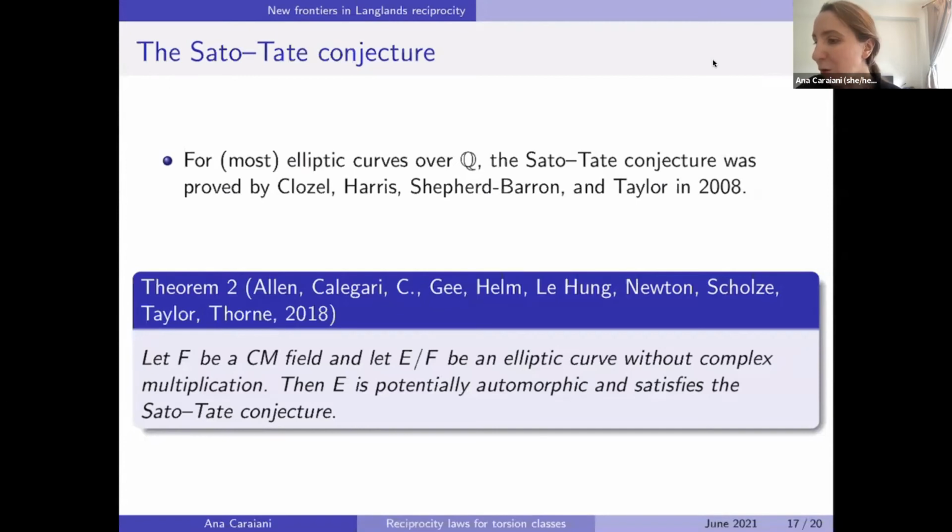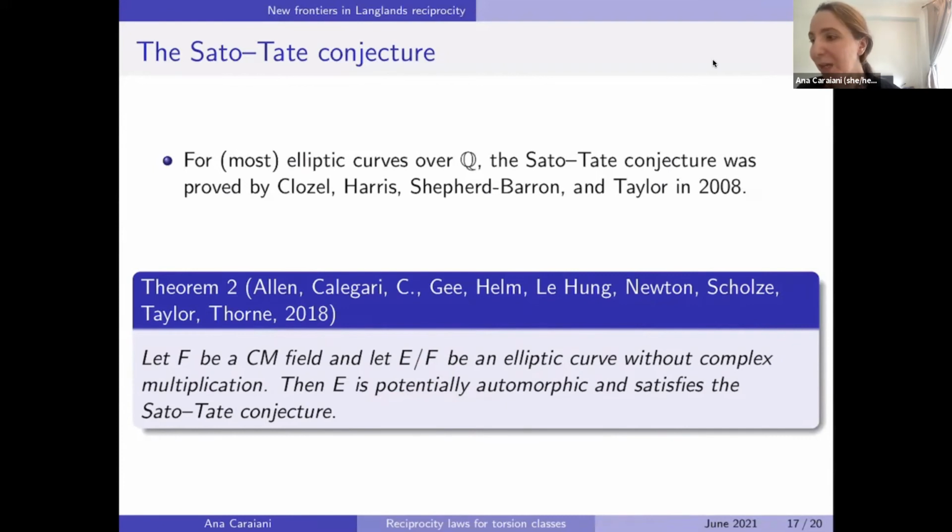Potentially automorphic here means that it comes from an automorphic representation if you allow yourself to extend your base field from the original CM field F to some other extension. That is also going to be CM, but it's going to be larger, and so you possibly forget a lot.